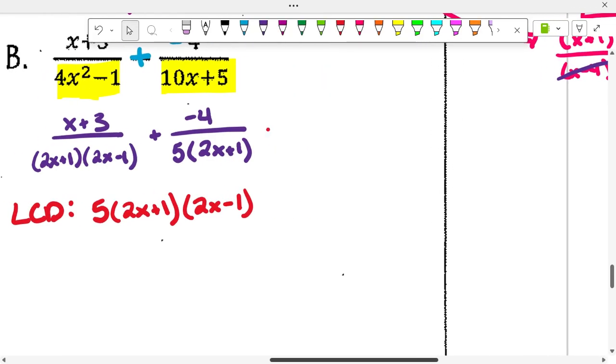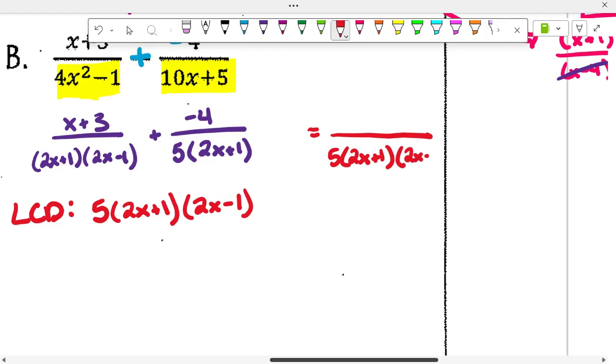Now I'm going to convert my fractions so that they have that LCD. So I want 5 times 2x plus 1, 2x minus 1, plus 5 times 2x plus 1, 2x minus 1.